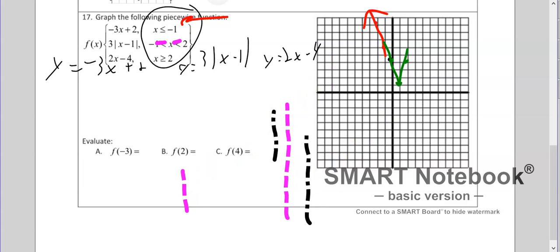All right. So if I look at this, again for the red one, I wanted a big old solid dot right there at -1, 5. And that's going to be this line right here.